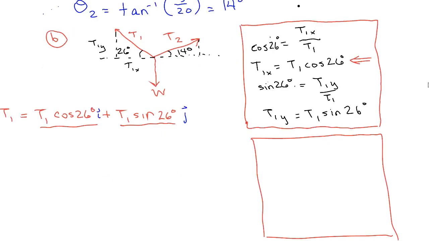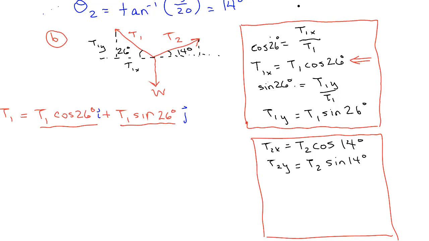Now I want to do the same thing for T2. And I already know the format it's going to be in, right? I can just almost copy what I did here. T2x is going to be equal to T2 times the cosine. This time it's of 14 degrees because that's what's on the other side. And T2y is going to be equal to T2 times the sine of 14 degrees.